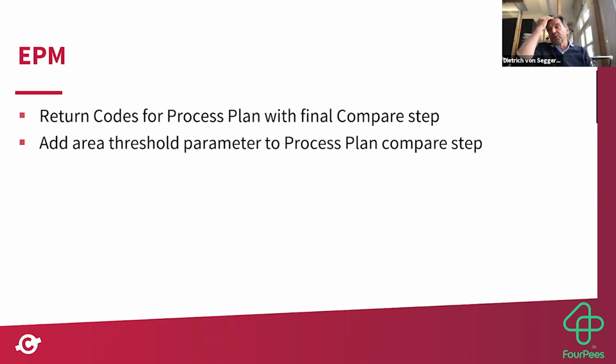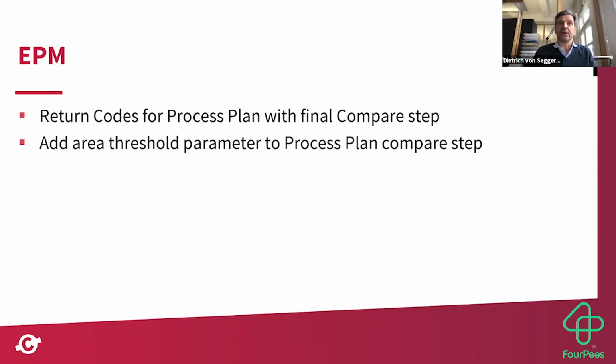And when you use that compare step, it's the last step of a process plan, you want to be able to put the file, let's say, in the error folder or get a return code depending on the result of the compare step. That wasn't the case up until 12.1.